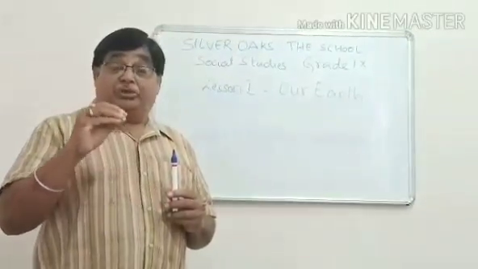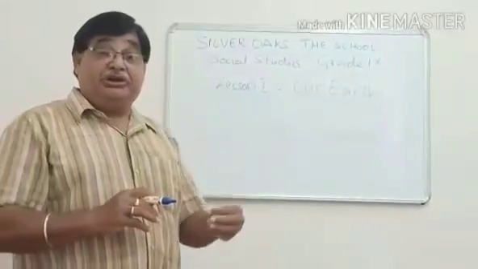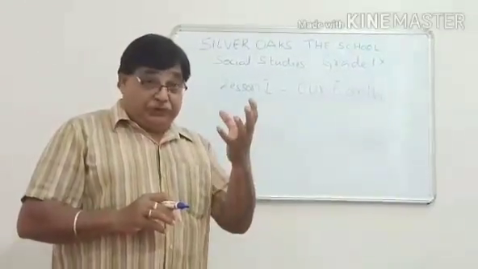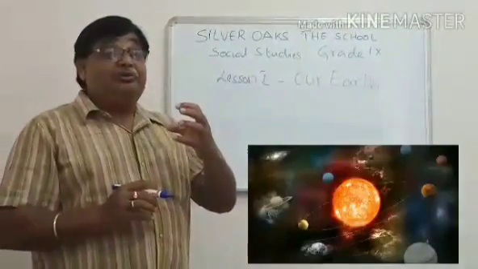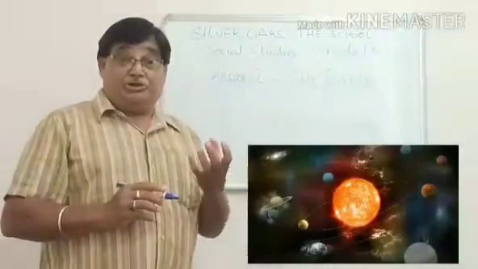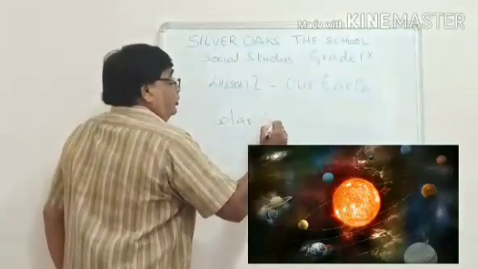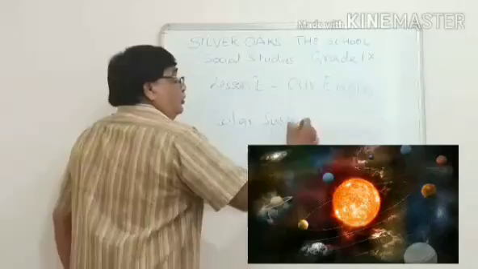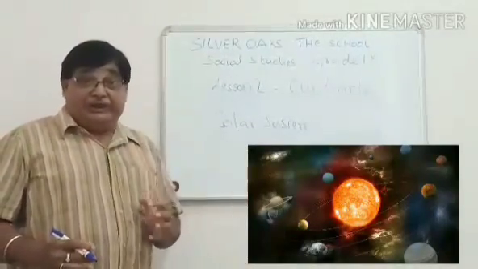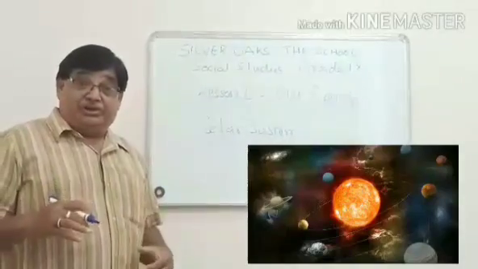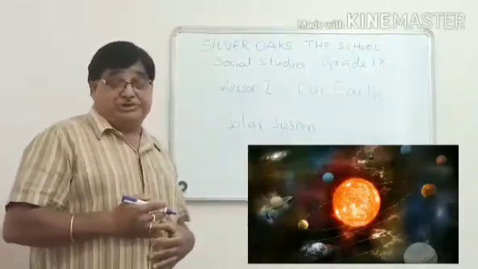About 500 years back, scientists came to know that Earth is not stationary. In fact, Earth is part of a system called solar system. Along with the Earth, there are 7 more planets which are revolving around the Sun.